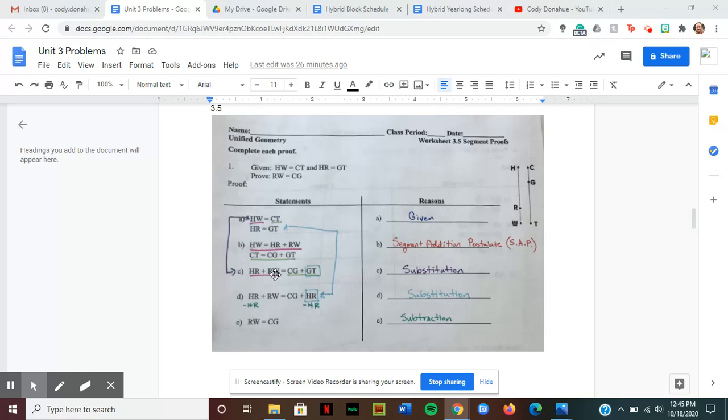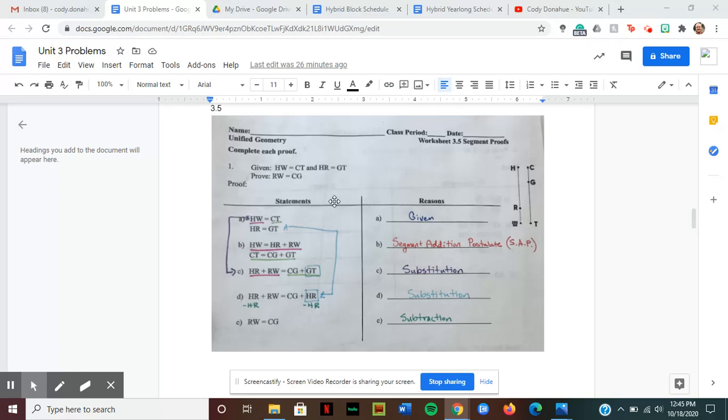Because we basically rewrote the first statement in A as the first statement in C, we were substituting in the values that we learned at statement B. So this is using the substitution property. Now to go from C to D, the only thing that changed was this last term. GT turned into HR.